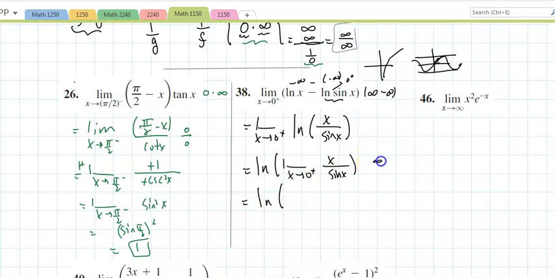So here I do have 0 over 0. I could say by L'Hopital, that's the limit as x approaches 0 from the right of 1 over the cosine of x. Throw 0 in. That's going to be 1 over the cosine of 0, which is 1, and natural log of 1 is 0.